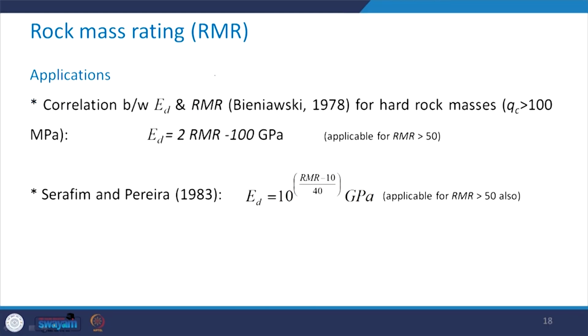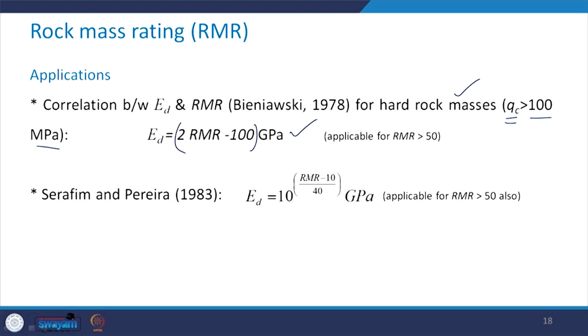Some correlations between the modulus of deformation and RMR are also given. One is there for hard rock masses. How should we identify a hard rock mass? Its UCS is going to be more than 100 MPa. For that you will have this expression: ED equals 2 RMR minus 100, in GPa, that is gigapascal.